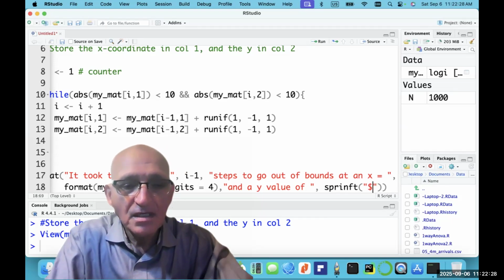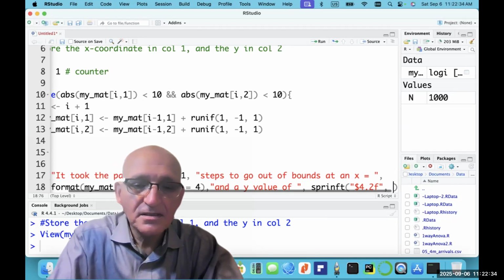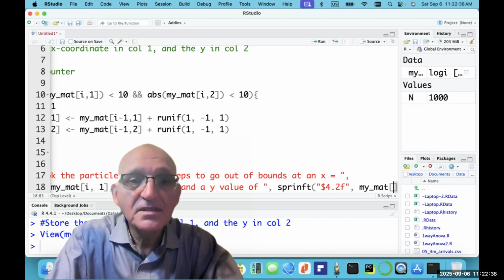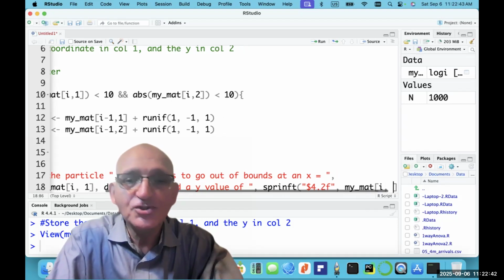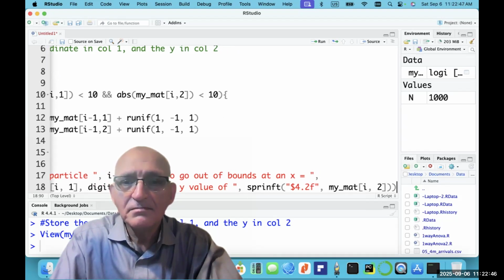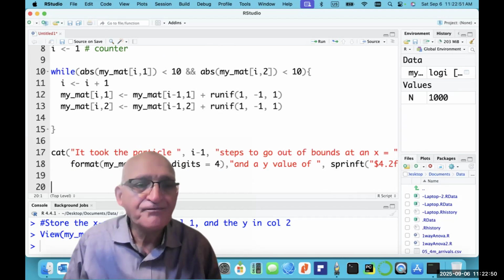So 4.2f, for example, to be similar, and my mat of I and 2. I hope we didn't do anything wrong.